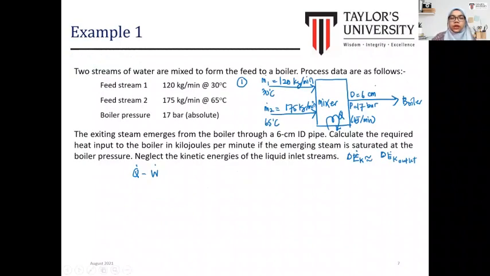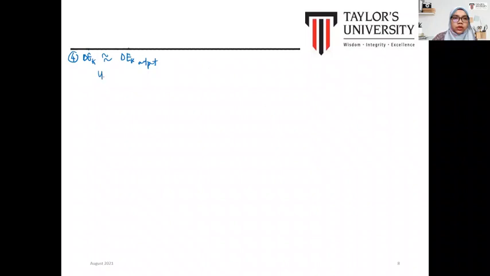And then the third step is to determine the kinetic energy. Since it is equal to the kinetic energy at output, that is given, you need to determine the u, right? So u equal to V over A. And then we can determine A equal to pi r square.